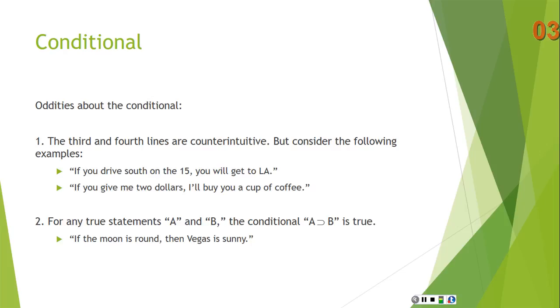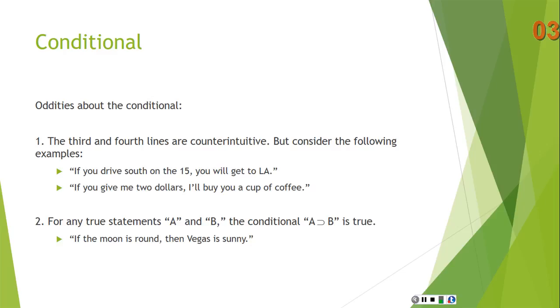Now, what if you drive on the 15 and you don't get to LA? Have I lied to you? I mean, suppose you don't run out of gas, there isn't any mechanical failure in your car, you just keep driving. Well, yeah, I lied to you.